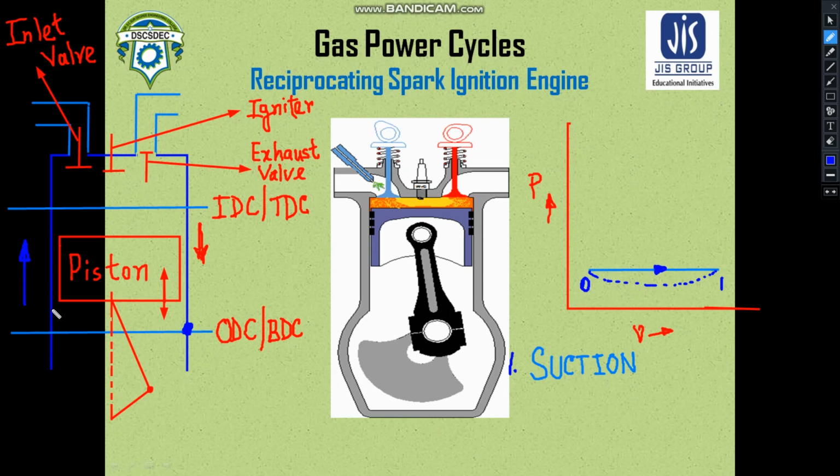To burn the fuel, to create the enormous energy which we need, and by virtue of this enormous energy we are going to get the mechanical power, this process happens by the help of an igniter. So an igniter ignites this air fuel mixture, which is already at a high pressure and high temperature.